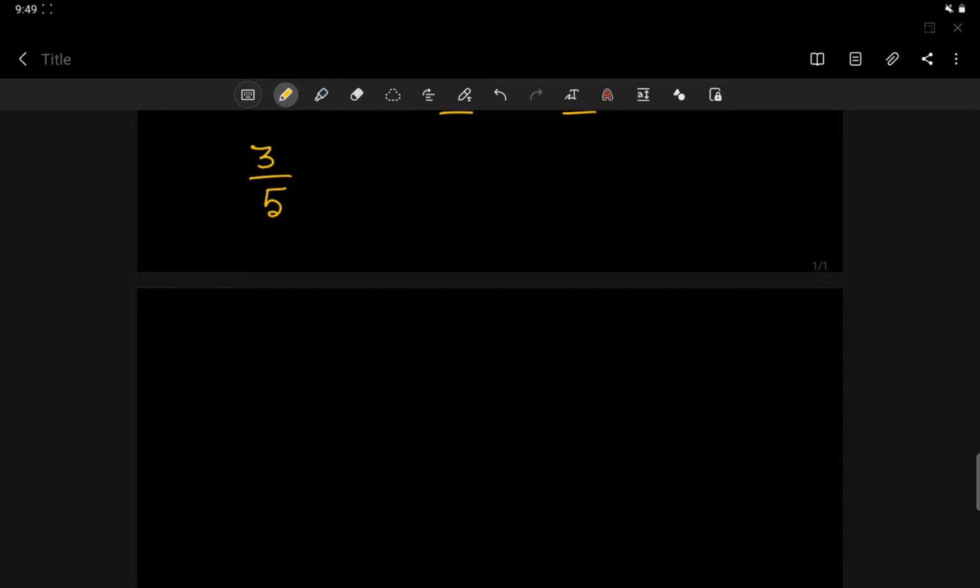So keep in mind, when you are finding the equivalent fractions, you are simply doing multiplication, and you are multiplying by the same number on the numerator and the denominator. I am telling again, when we multiply the numerator and the denominator by the same number, this fraction becomes an equivalent fraction of the given fraction.